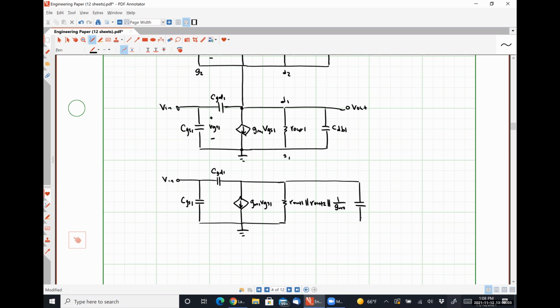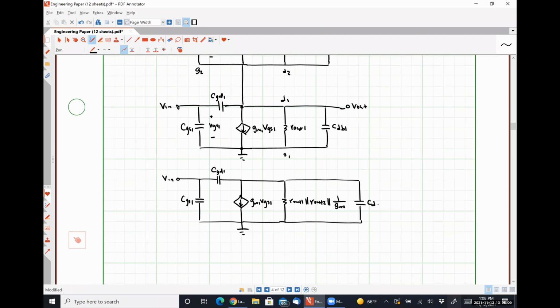This capacitance here is going to be CDB1 in parallel with CDB2 in parallel with CGS2.